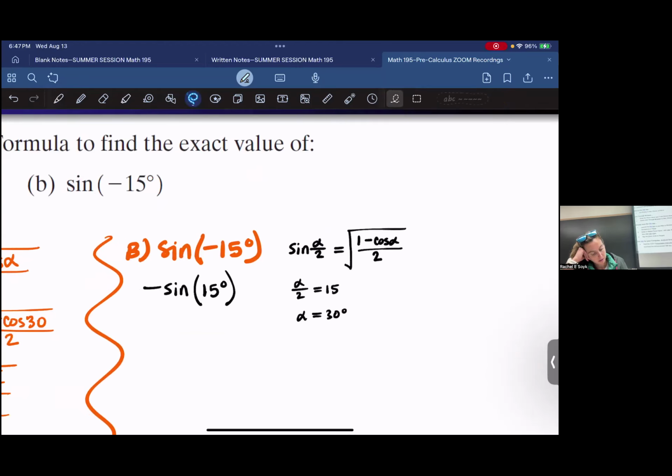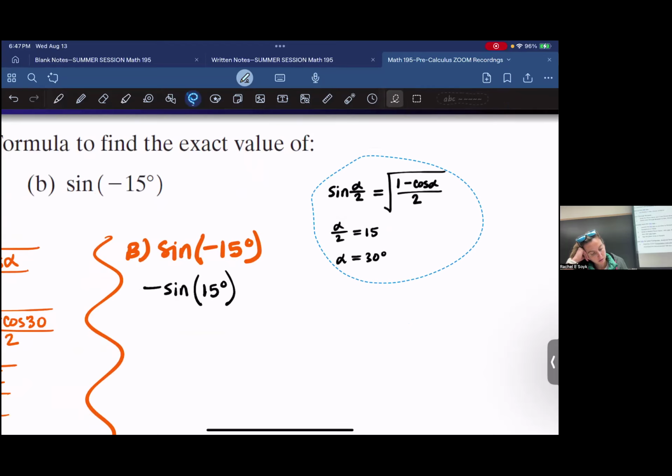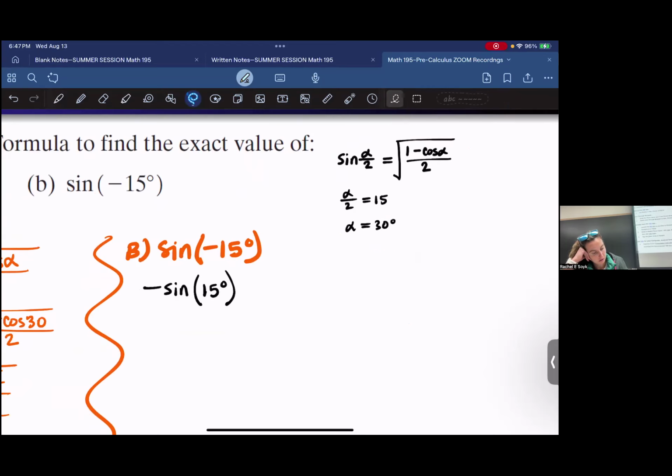So maybe I'll put this up here. And now we have this negative, so it ends up being a negative square root because we have that negative in the problem itself. And then 1 minus cosine 30 all over 2.